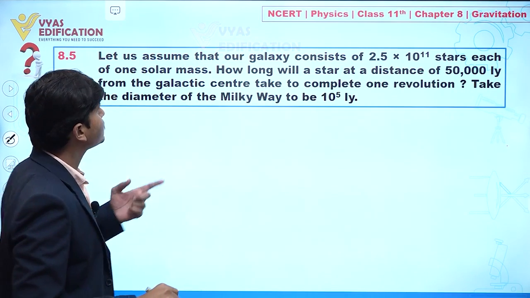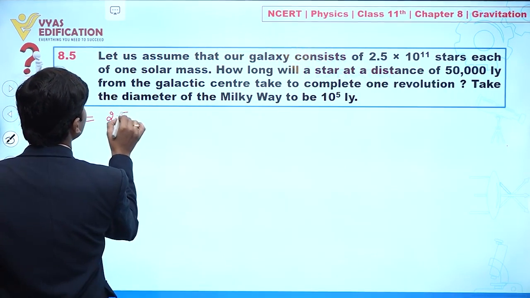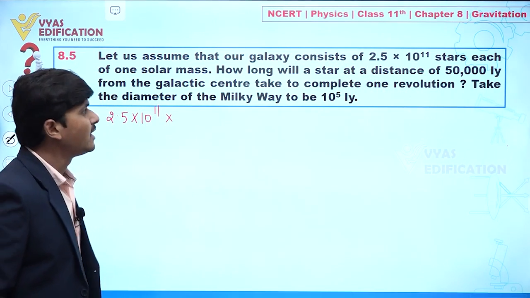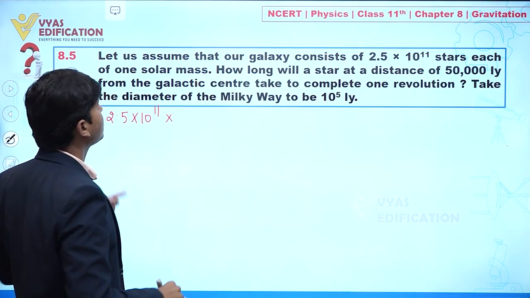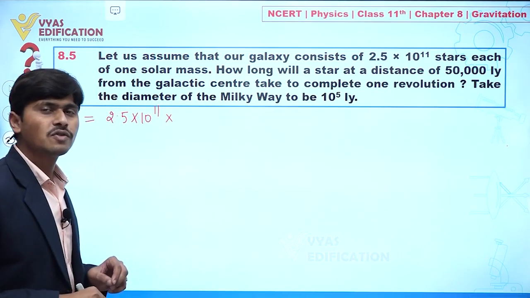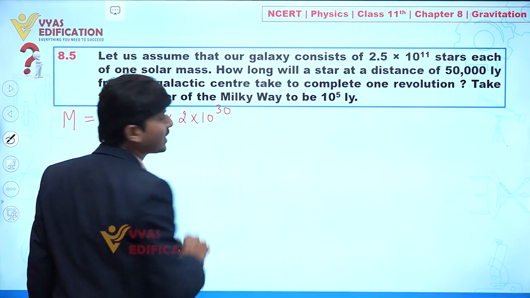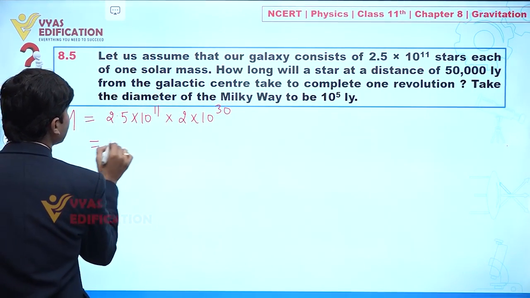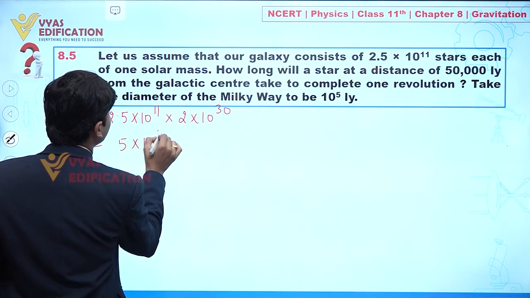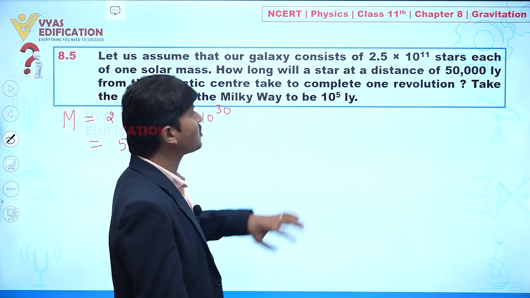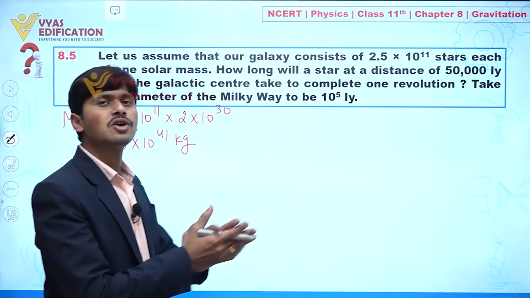Total number of stars in the galaxy is given to you, 2.5 into 10 to the power 11, and it is multiplied with one solar mass. Clear? So one solar mass is equal to 2 into 10 to the power 30 kg. So from here we can write like this, 5 into 10 to the power 41 kilogram. Clear? So this is the total mass of this galaxy.